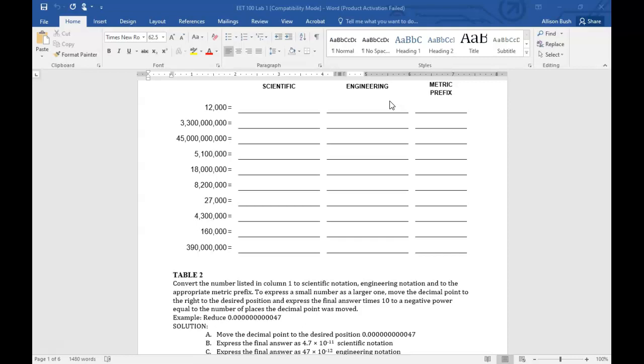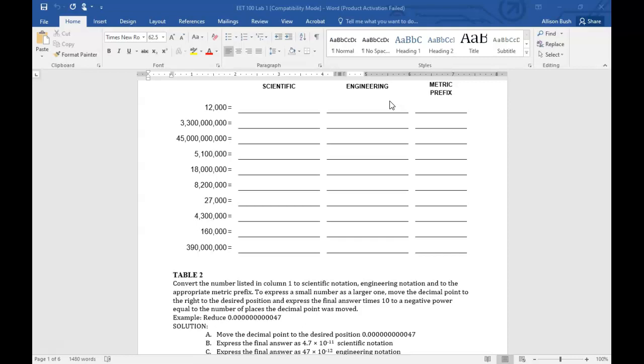Does that fall in my scientific parameters? Is it a number between 1 and 9 in front of that decimal? Yes, it is. That's the biggest one for scientific.